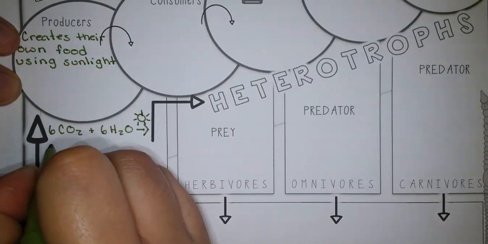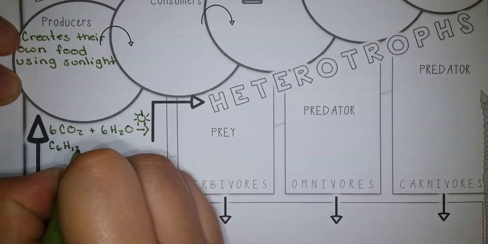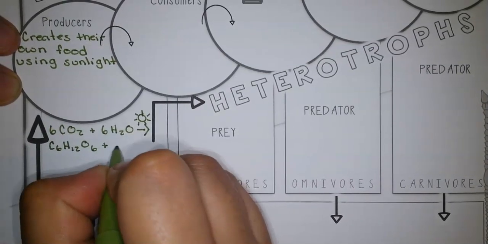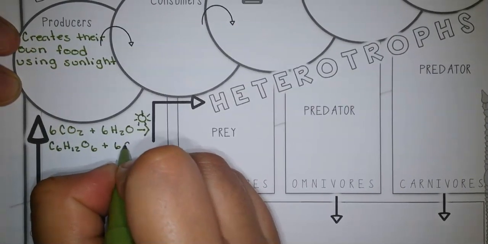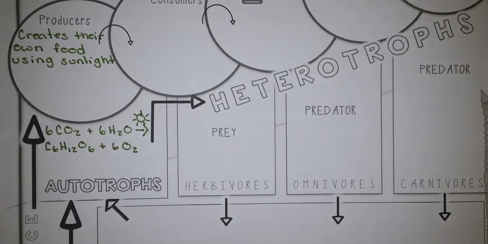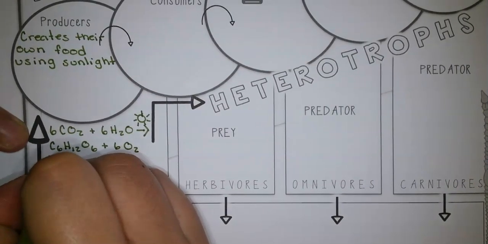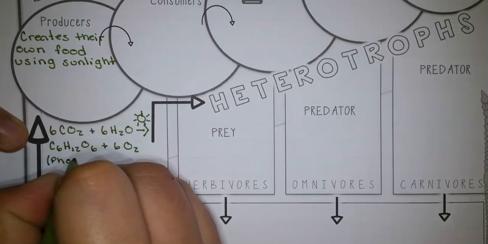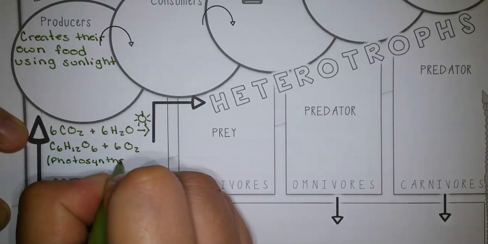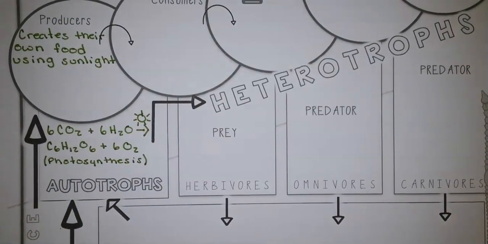This will give us one molecule of glucose, C6H12O6, and 6 molecules of oxygen, 6 O2. This is photosynthesis.